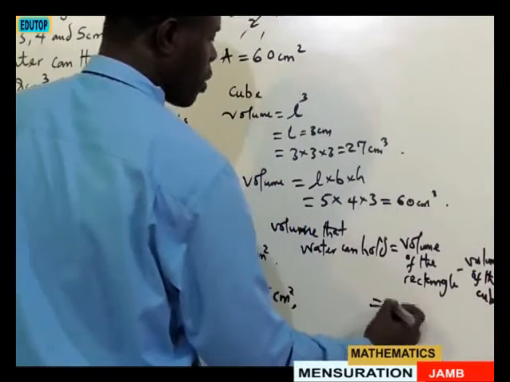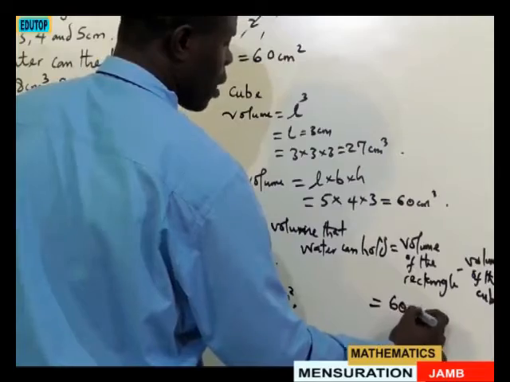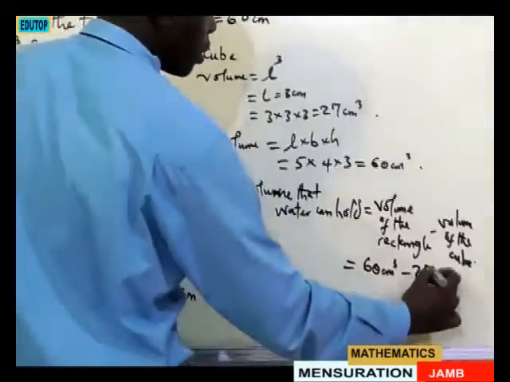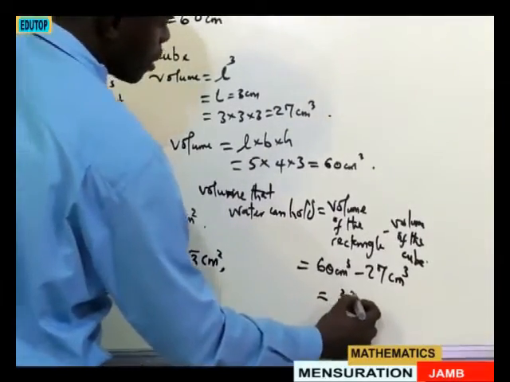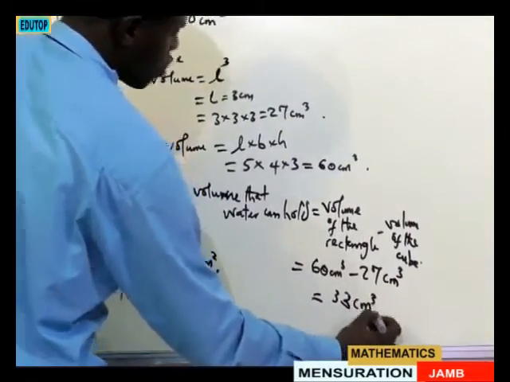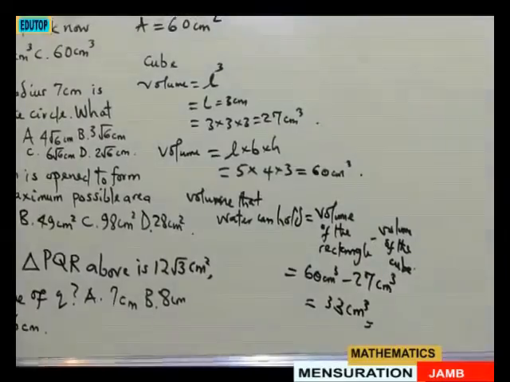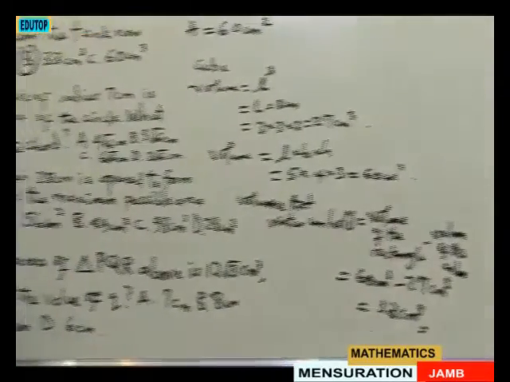So what's the volume of the rectangle? That's 60 centimeter cube, minus the volume of the cube, that's 27 centimeter cube, and that will be 33 centimeter cube. So that will definitely be our answer. So we're going to pick option B.